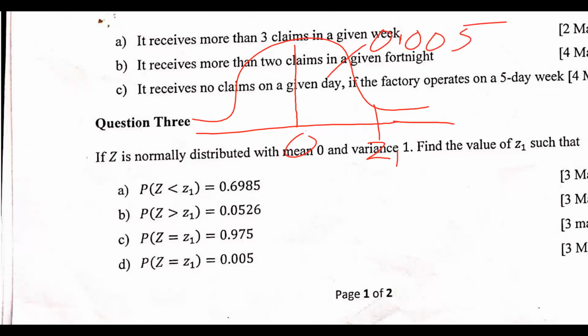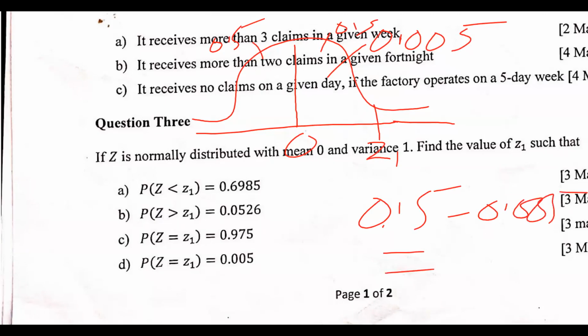So our Z score gives us the area on the right, so we can just subtract this area from 0.5. We know that on the right side we have 0.5, and on this side we also have 0.5, so in total you have 1. So 0.5 minus 0.005 is the area that falls on the right now.